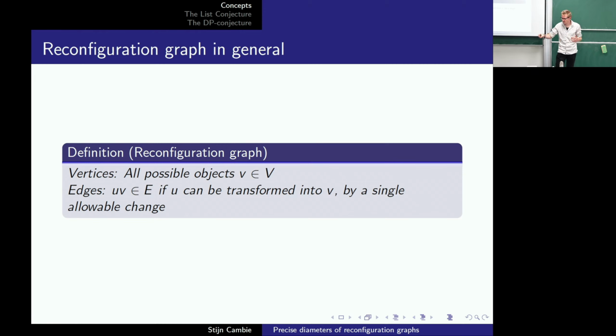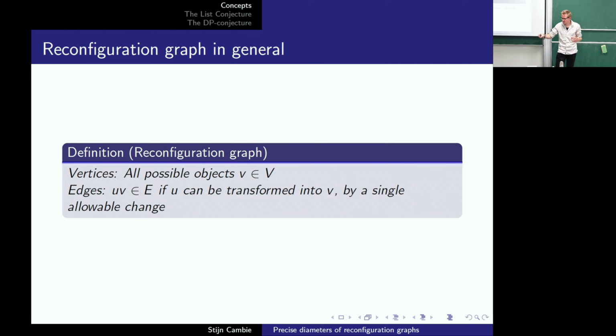And today we will apply these questions to some specific reconfiguration graphs where we speak about colorings of graphs. So our vertices, or our objects, will be proper colorings of our graphs, and the reconfiguration, our small steps, will consist of recoloring one vertex in such a way that you end up with another proper coloring.